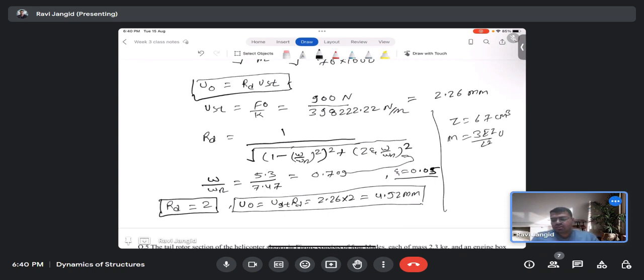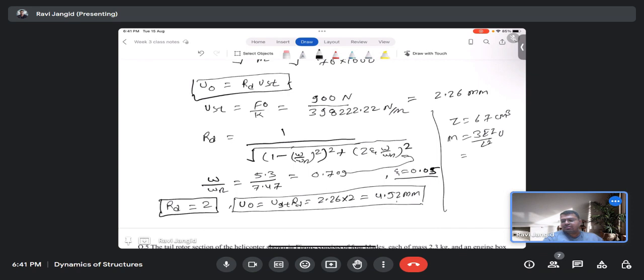Anyone with this? Anyone? Put the 3EI by L square. L is 4.5, E you have as 210 GPa, I is 2880, and U is 4.52.